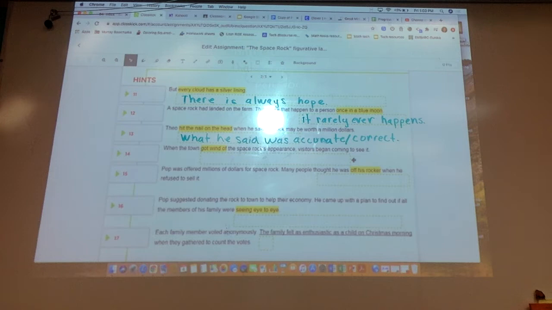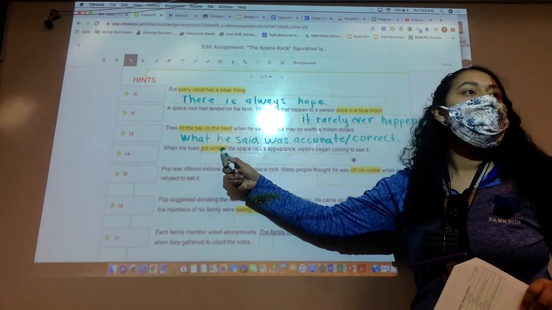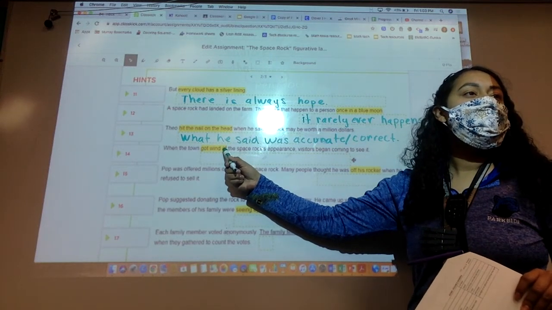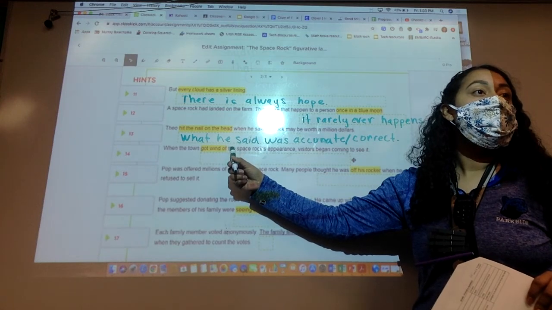Okay, next one, ready? When the town got wind of the space rock's appearance, visitors began coming to see it. So when the town got wind of, I know. Thomas? When they could spread the news around. Good.